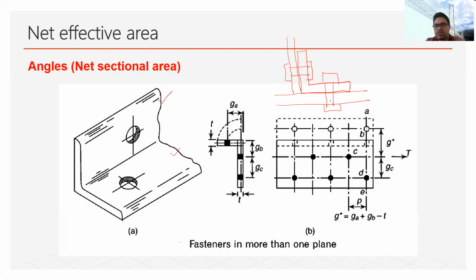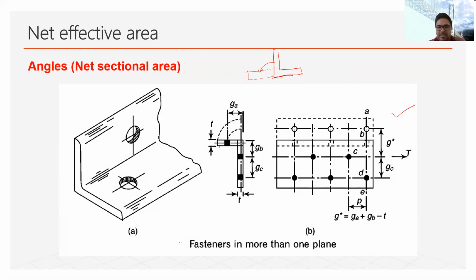Well, what we do is, first we assume that we are spreading this angle like this. So first what we will do is, we try to spread this leg like this. In this case also, you can see this leg, we are assuming that it is spreading straight.